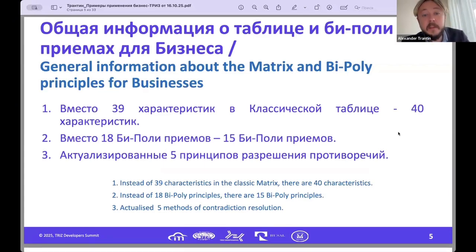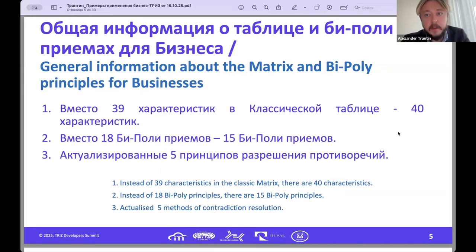Some general comments. You know that there are 39 characteristics in the classic matrix, but after we worked on that, we now have 40 characteristics. Some of these characteristics directly build on those characteristics that we have in the classic matrix, but many of them are unique and they are characteristic of the business environment.